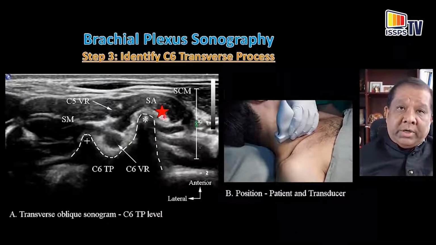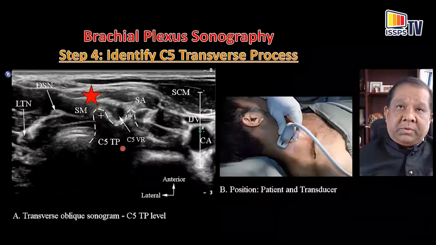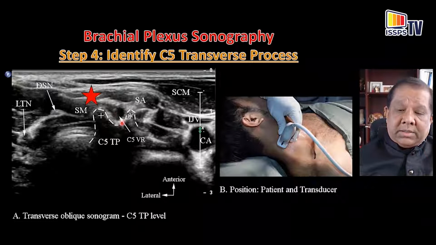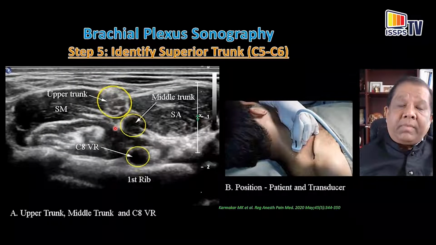It has a very prominent anterior tubercle and a much smaller posterior tubercle, and the C6 ventral ramus lies in between the two as it's emerging from the intervertebral foramina. The C5 lies proximal to the C6. As you can see here, it's a much smaller ventral ramus in size compared to the C6 and the C7.